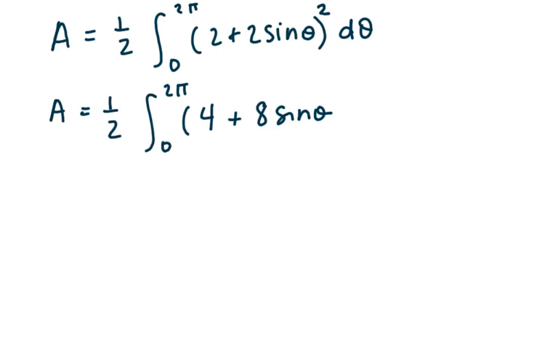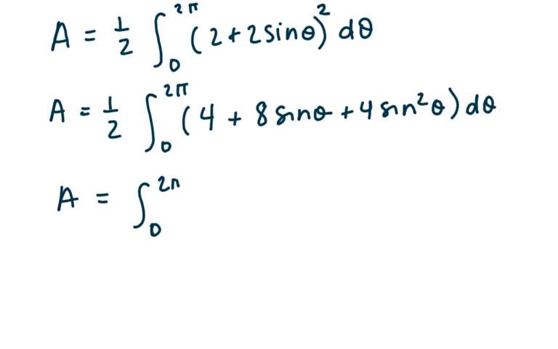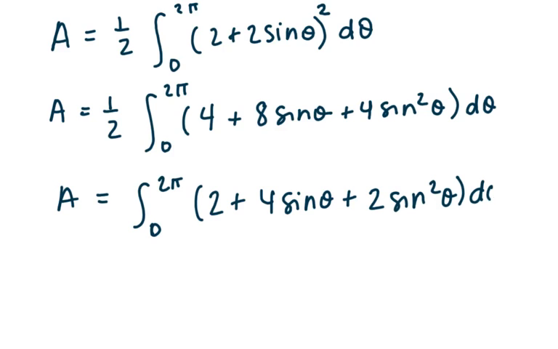And then we would square this guy, multiplying it by itself, so 4 sine squared theta. Okay, and since I'm seeing a lot of even numbers here and a 1/2, you can think of it however you like. Either you can factor a 2 out and cancel, or just distribute the 1/2 through. Either way, this would become 2 plus 4 sine theta plus 2 sine squared theta, d theta.